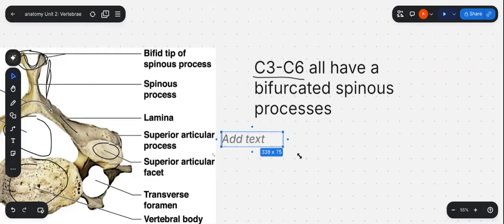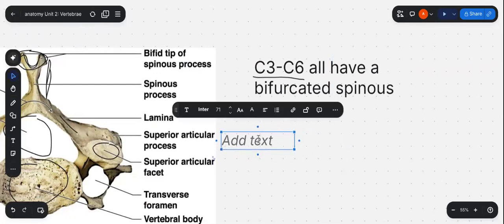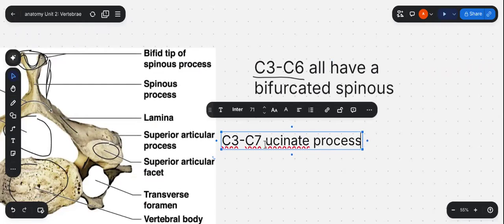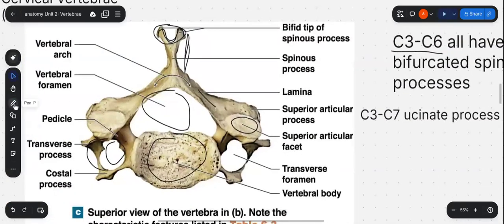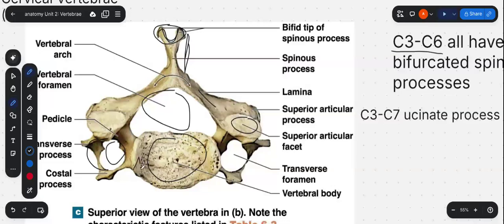Next, another thing that is good to know is that for C3 to C7, you're going to have an uncinate process. The uncinate processes are basically going to be little devil horns that are on top of the vertebral body.